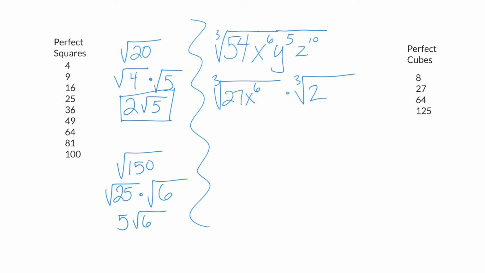But remember, we always wanted that exponent to be a multiple of 3 because we're cube rooting, and the other 2 don't have that. This y to the 5th is not going to cube root nicely. To get a y to the 5th, it'd be something like a y squared times a y squared. Oh wait, I can only get one more y in there, so then they're not all the same. That's not going to work.